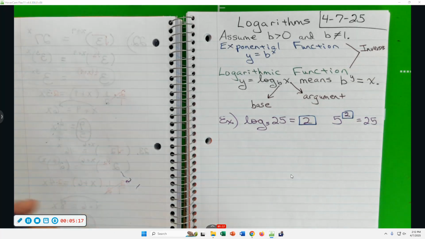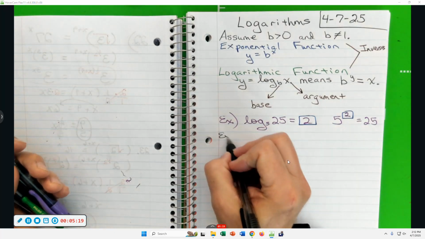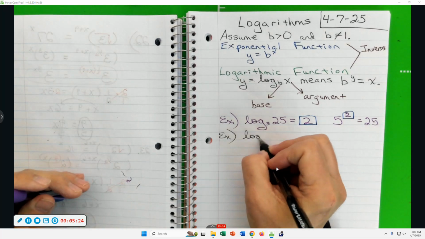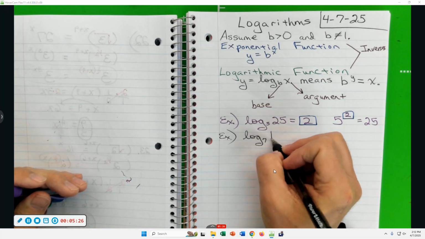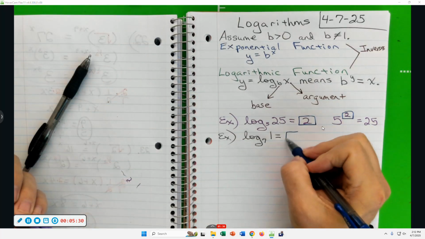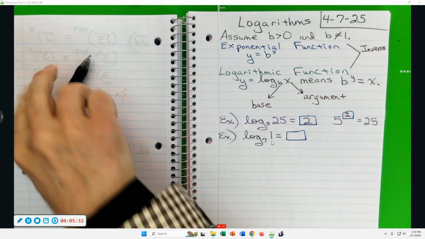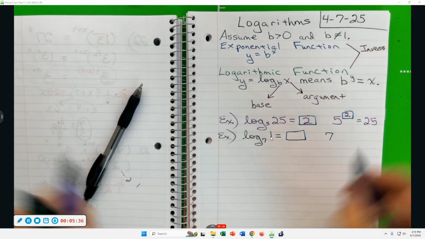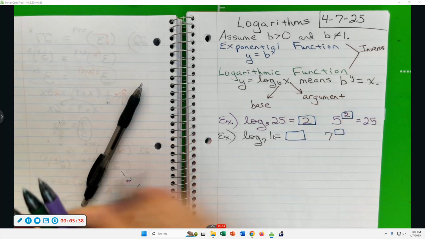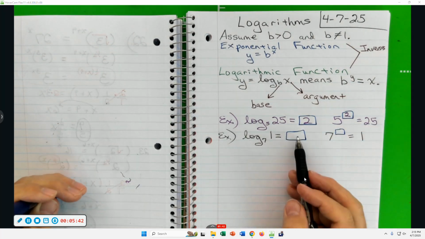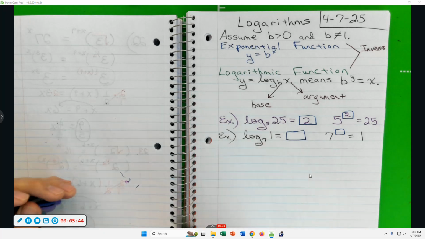I have another one. This goes back to that first property of exponents the last time. Log base 7 of 1. You're asking yourself, 7 to what power is equal to 1? 7 to what power gives you a 1?